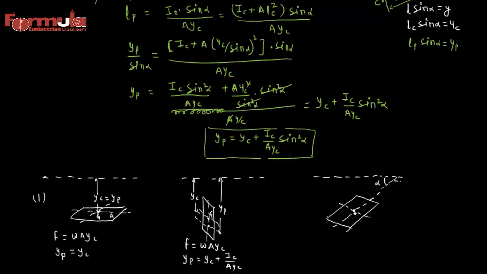So we defined this is the center of gravity of the plate, so this is our yc, and somewhere here we are defining our center of pressure, and this distance is yp. So in this case we define force will be equals to WAYC, so force is same in all three cases, and yp will be equals to yc plus ic by ayc sine square alpha.